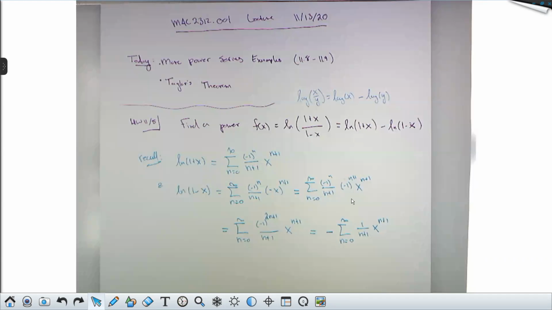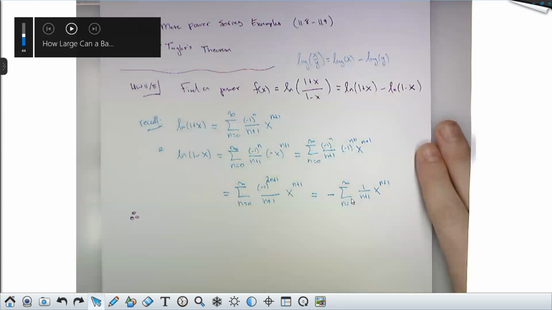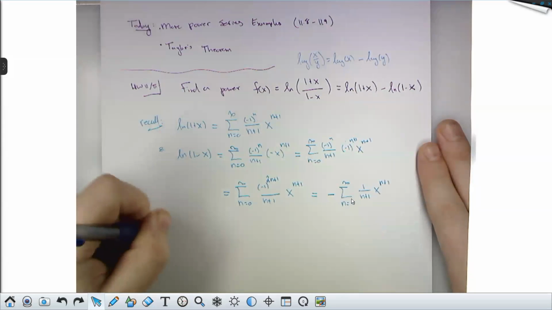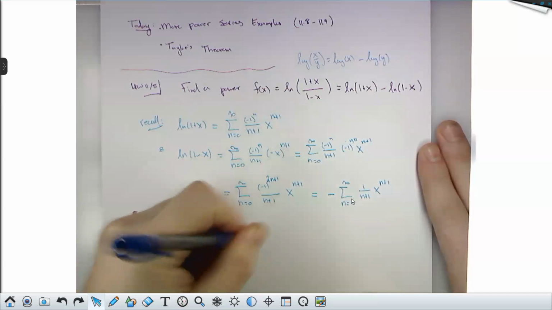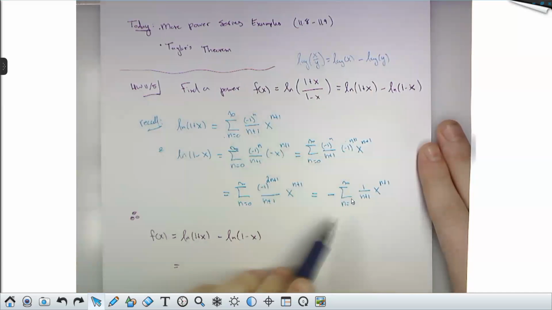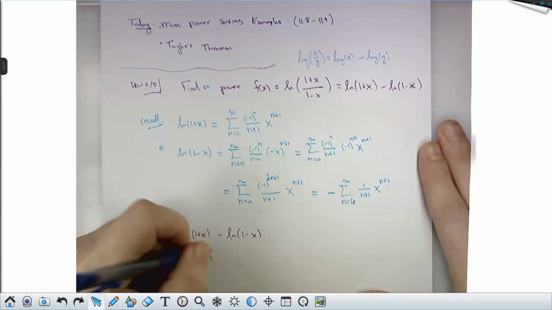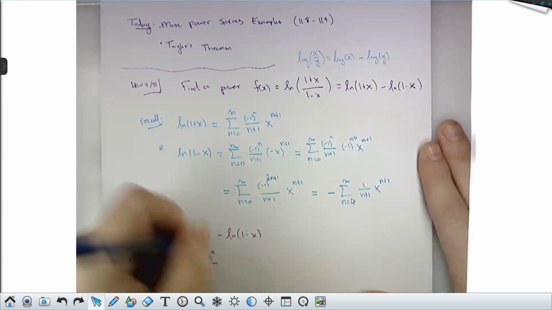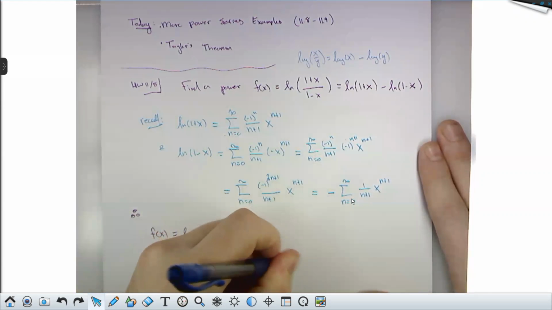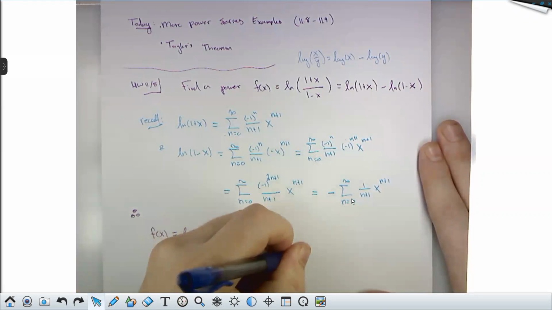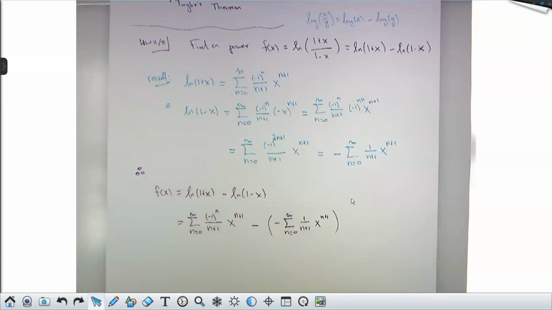So now f of x, which is the natural log of 1 plus x, minus the natural log of 1 minus x, is this first series minus this second series. Okay.